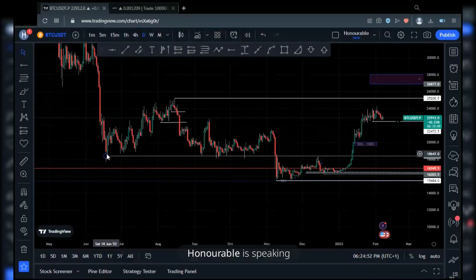Now take a look at this. You see this level here acted as support. Yeah, you see it was acting as support here. We'll be taking it as support. Then you see when we had this break here, automatically this level has been flipped into a resistance. We expect this previous support to act as a resistance level.